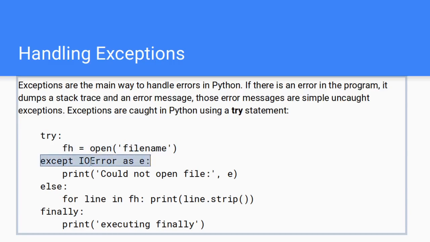For example, this exception, IOError, will get triggered if there's an input-output problem. For example, the file doesn't exist. So if that error is triggered, then you'll print a message. You can print anything you want here. The error is caught in this variable E, so you can print that out as well.